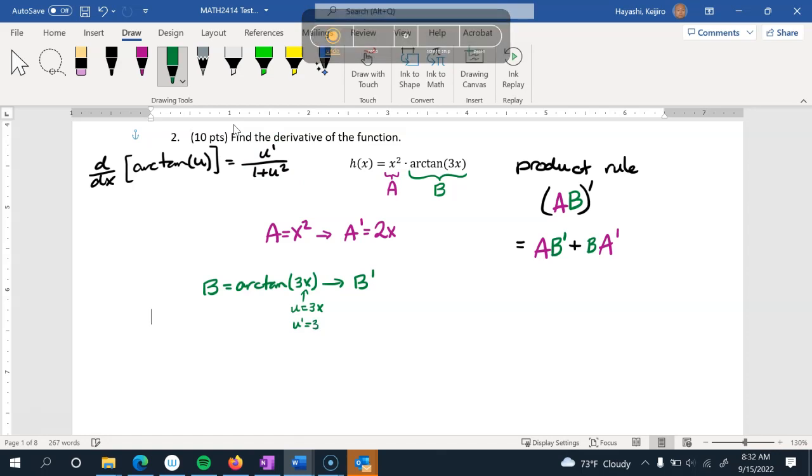So I'm just making a little note of that here. So b prime is going to be 3 on top over 1 plus 3x all squared, or 3 over 1 plus 9x squared.